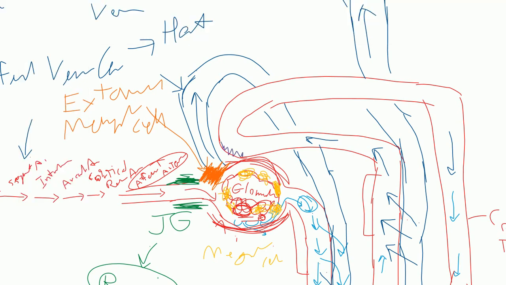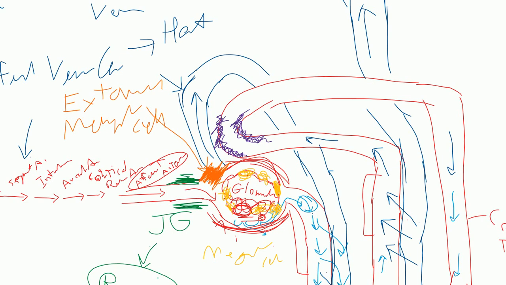I'm gonna draw it on right here, where you have this guy on the distal convoluted tubule. This distal convoluted tubule has a special group of cells that hang out right here on the other side. And notice the location of this group of cells just happens to be really close to this JG cell right here.